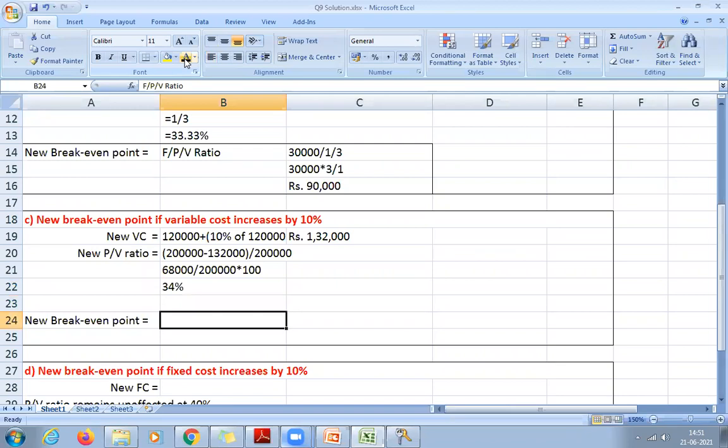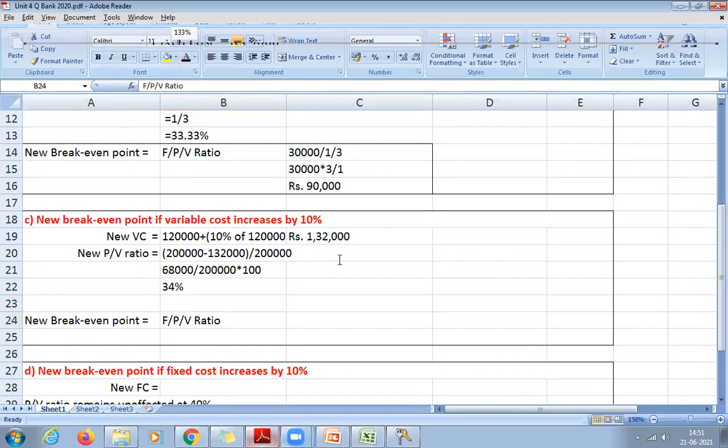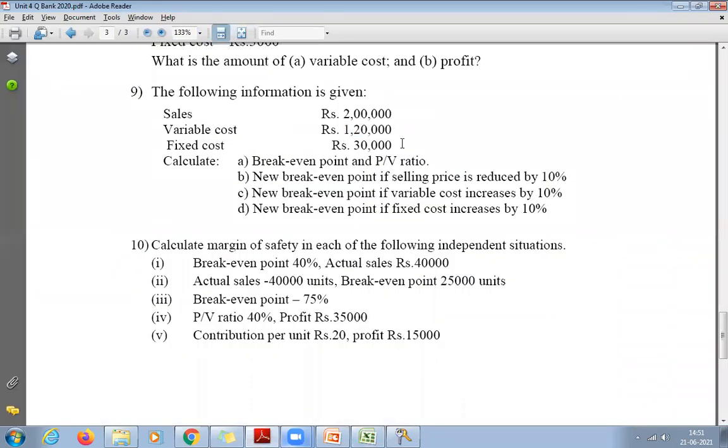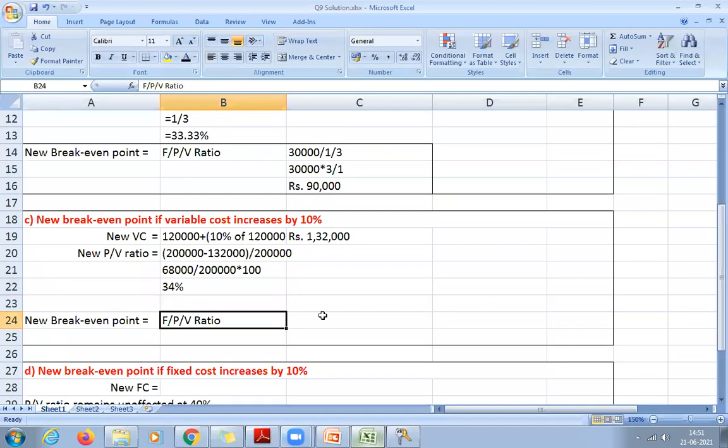So now we apply that in the formula. Fixed cost divided by PV ratio. Fixed cost is how much? 30,000. So 30,000 divided by 0.34. That is 34%. Calculate. 88,235.